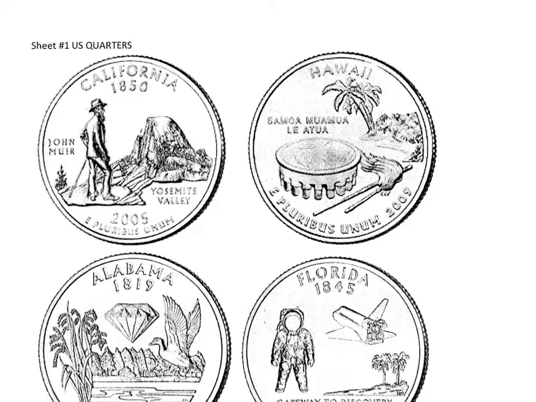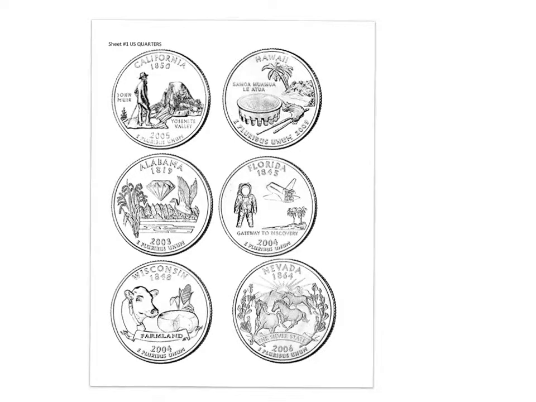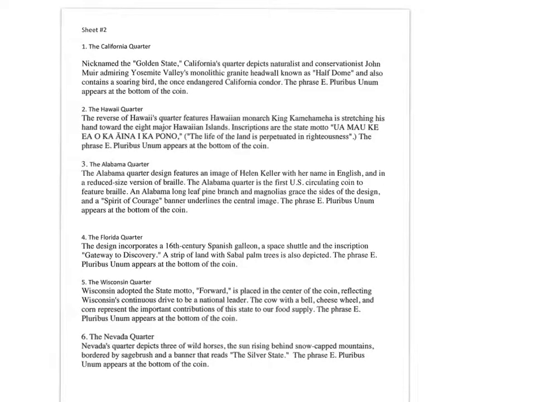This is an experiment that begins with half of the participants taking a look at pictures of these U.S. coins. Then they are given a second sheet of information about the coins. What they may realize is that some of the information here on this document contradicts pictures that they were given.